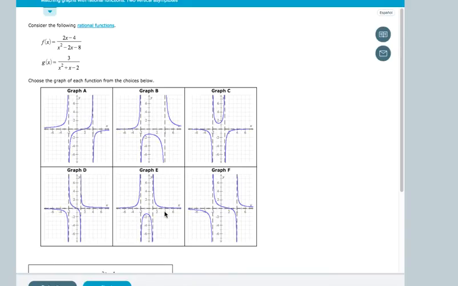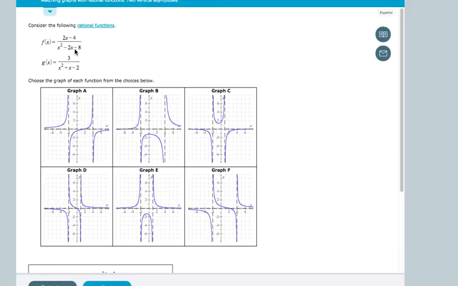All right, so in this first one, let's think about how we can factor the bottom. The bottom is going to factor into (x minus 4) times (x plus 2).